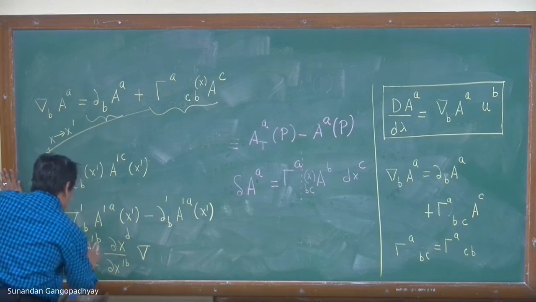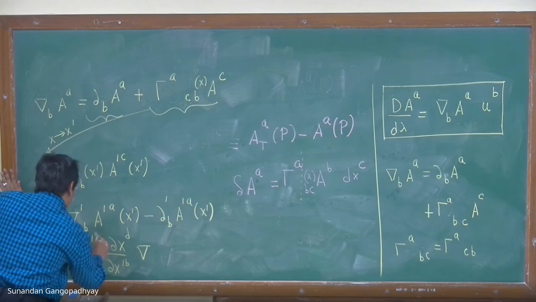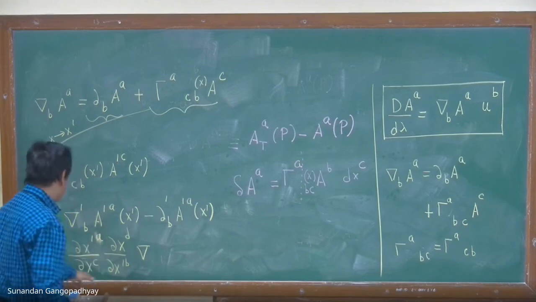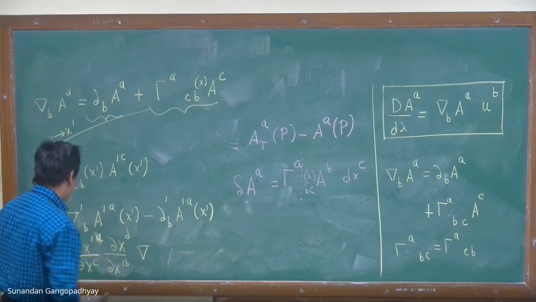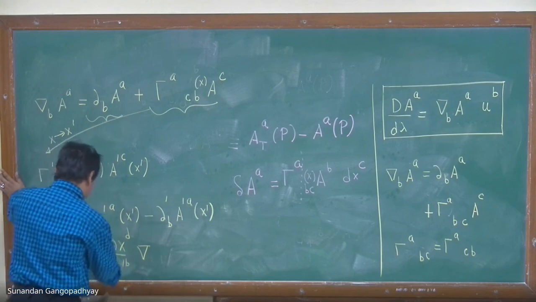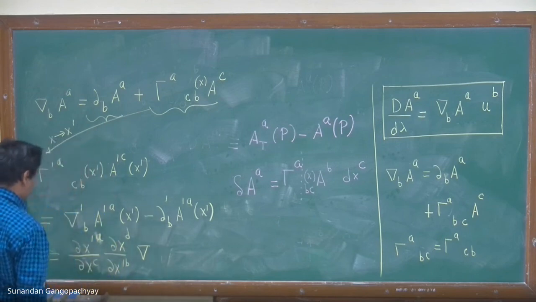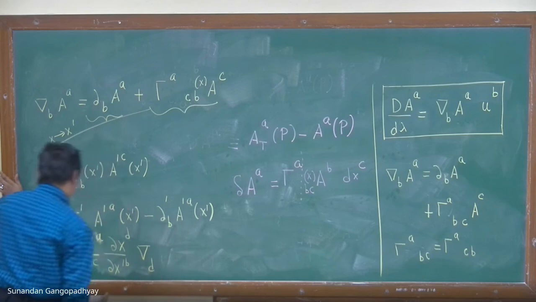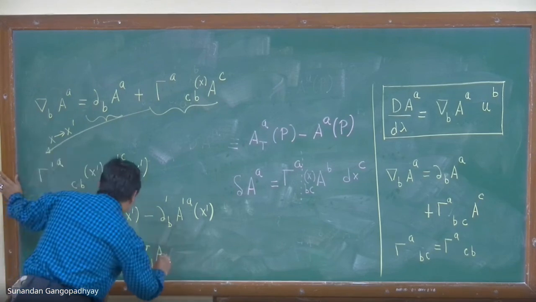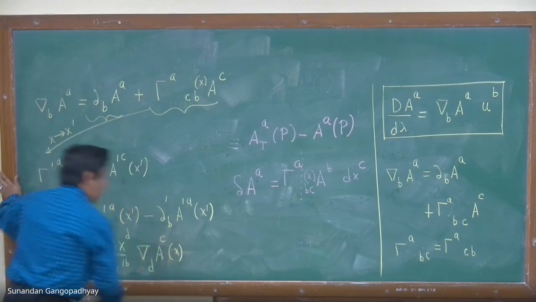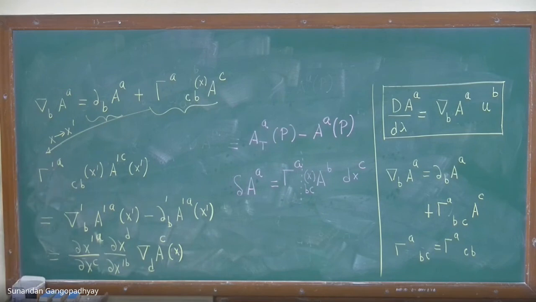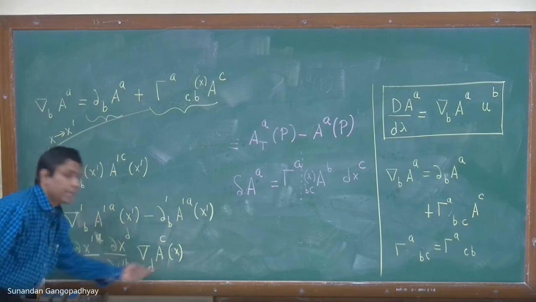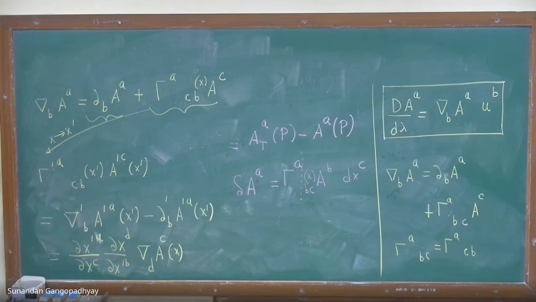So del x^C del x prime A, del x prime B, and then we have del_C. Because we know this transforms like a tensor. That is what we had demanded.